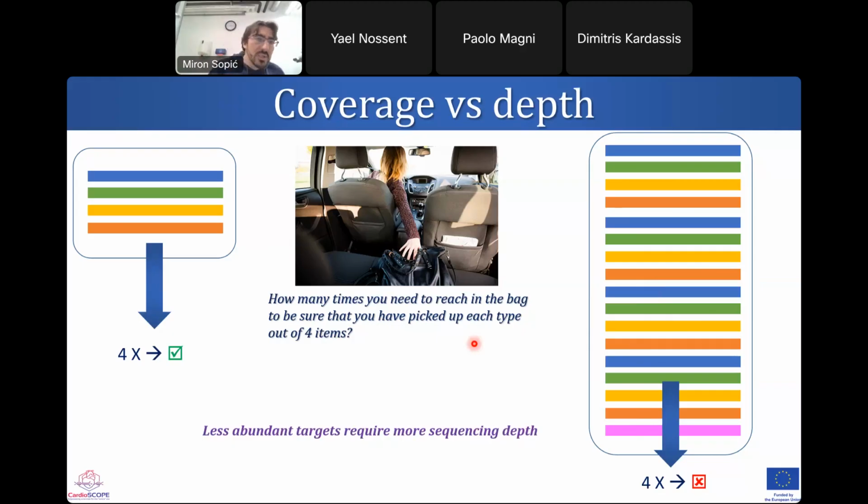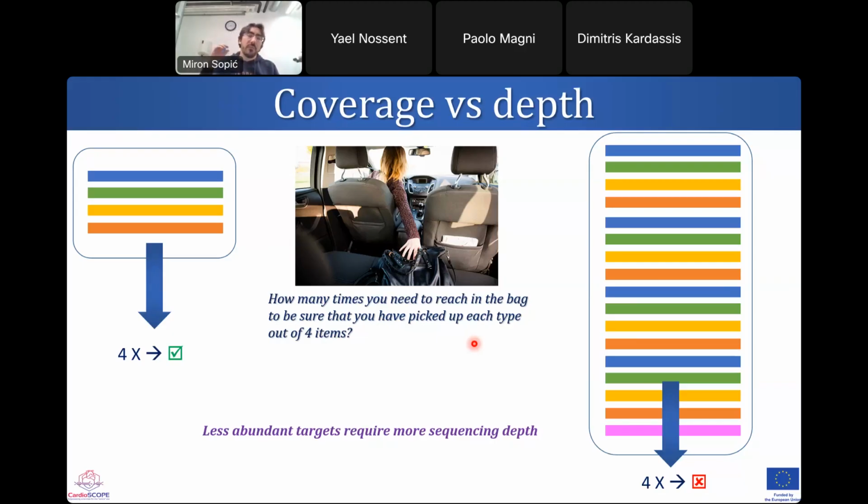And this is what you will see in real life. For example, if you want to do basic gene expression in tissues, just to see differential expression, you can go with a couple of millions of reads. I don't know, 5, 10, 15 million reads. If you want to analyze long non-coding RNAs that are relatively low abundant, then you need to increase your depth of sequencing to sometimes even hundreds of millions, but let's say 50, 80, 100 million, and so on.